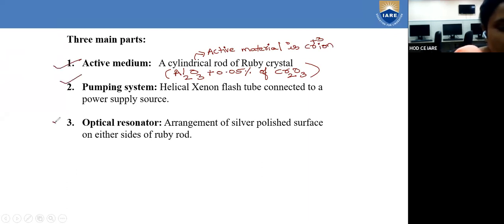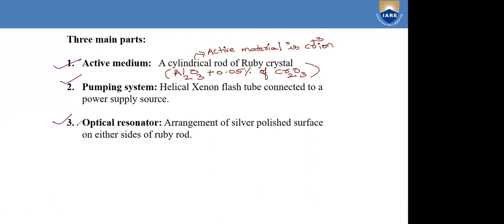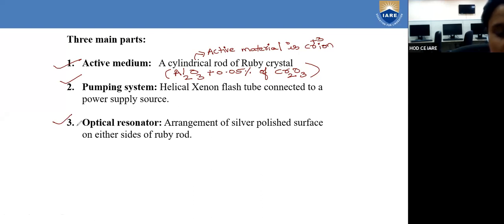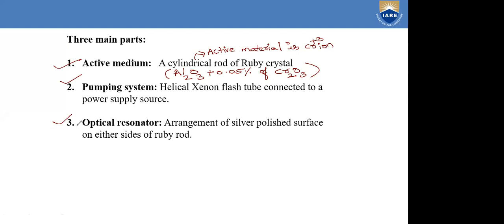Then we'll discuss the construction of ruby laser. There are three parts: active medium. What is the active medium we are using? Cylindrical rod of ruby crystal. And what is the composition of ruby crystal? Aluminum oxide plus 0.05% of chromium oxide. Of this aluminum and chromium, the active material is chromium ion.